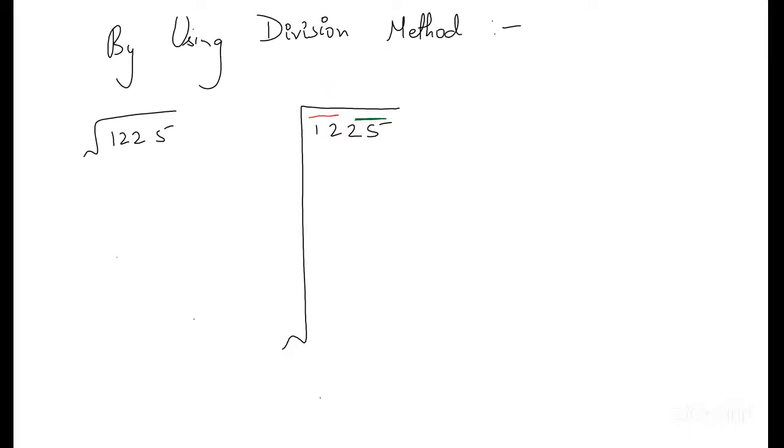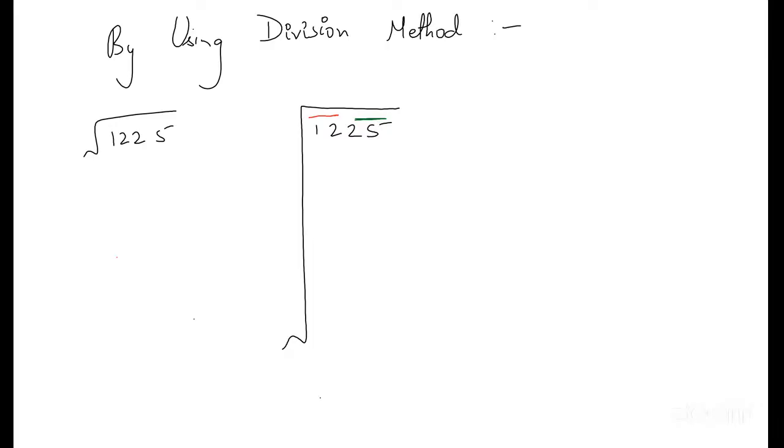What is the second step? Take a look at the first pair. Now from the left side we will start. The first pair is 12. So what perfect square should I take that is either 12 or lesser than 12?